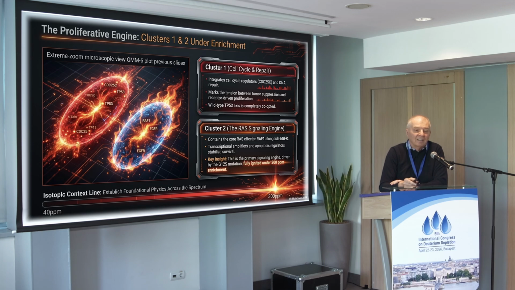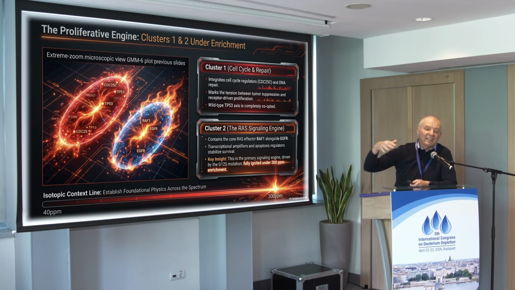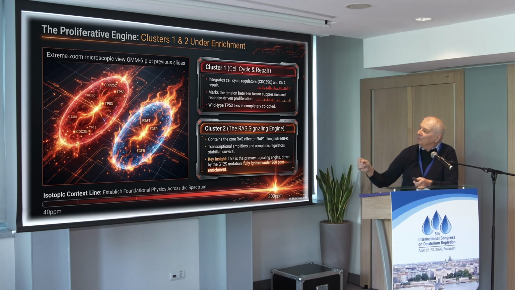This slide highlights clusters 1 and 2. Cluster 1 is cell cycle repair, which is very much overexpressed, so the cell will repair itself under this deuterium increase. Cluster 2 is the RAS signaling engine, also protecting the cancer cell very much.